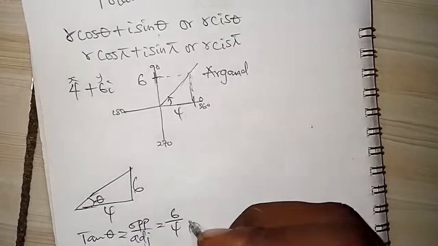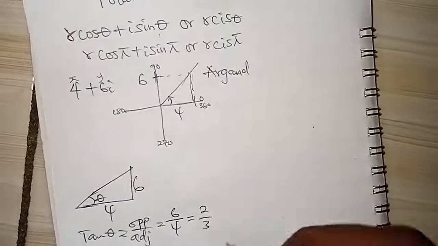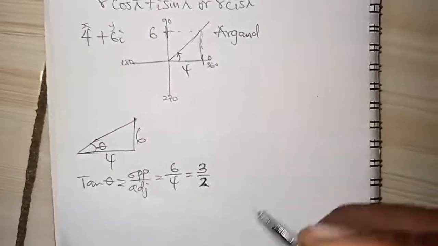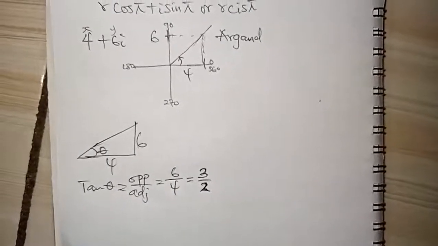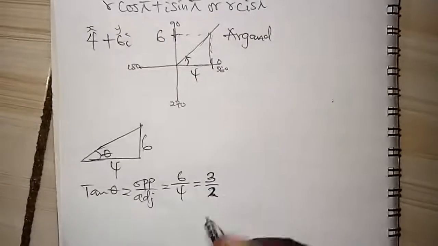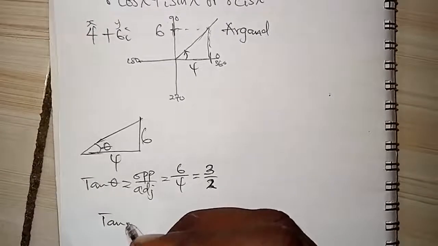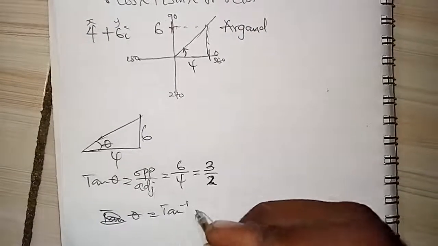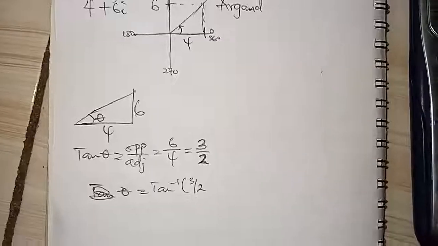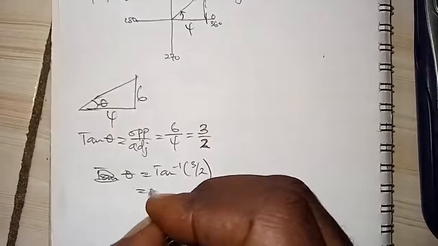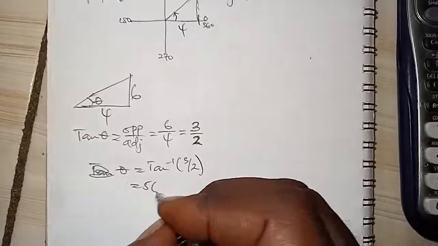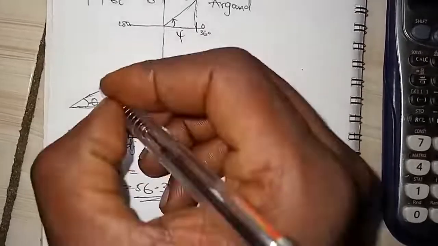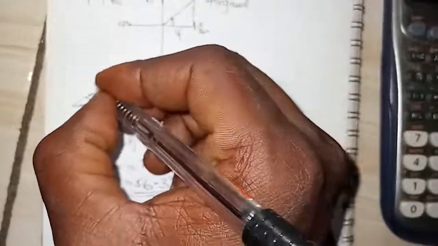If we reduce it, we have 3 over 2. So theta becomes tan inverse of 3 over 2, which will be 56.3 degrees.